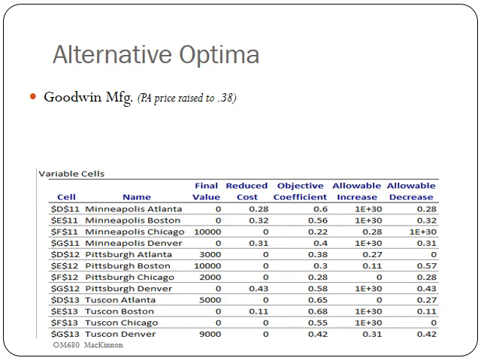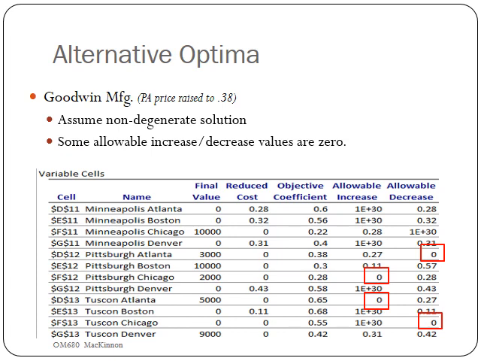Now, if we raise the PA price to 38 cents, what have we got here? We still have to assume that our solution is non-degenerate. Our shadow prices are still going to hold in both directions. But now notice that some of our allowable increase and decrease values are 0. This means that there are alternative optimal solutions.